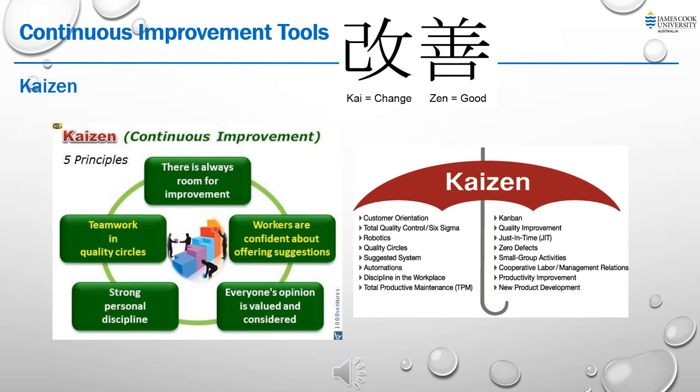Kaizen is implemented through a structured problem-solving approach that involves identifying problems, analyzing root causes, developing solutions, implementing changes, and monitoring results. It is an ongoing process that requires commitment, collaboration, and a culture of continuous learning and improvement.